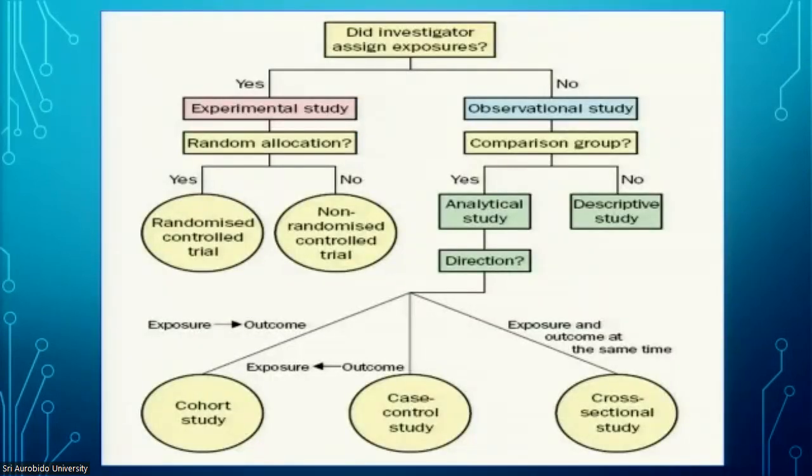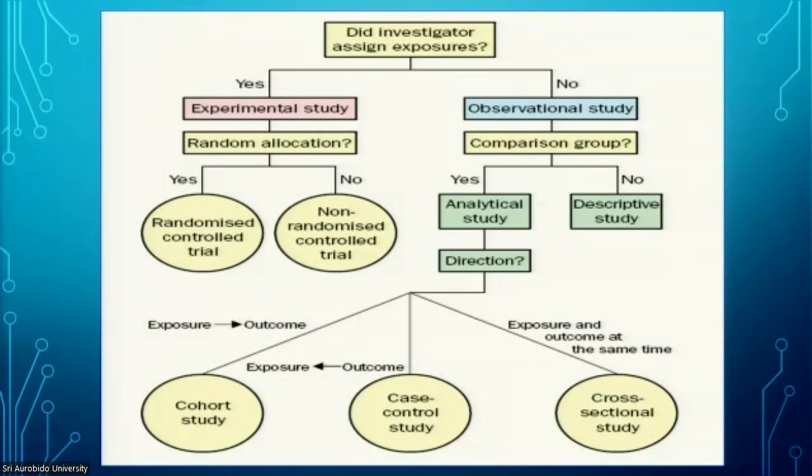Again, referring back to our original, we have discussed the descriptive study where we didn't have any comparison group. And again, recalling that you didn't assign any exposure, so this was observational study. If you're assigning the comparison group, this becomes your analytical study. Remember, you're not giving any exposure, you're just observing, but even in your observation, you have the comparison group.